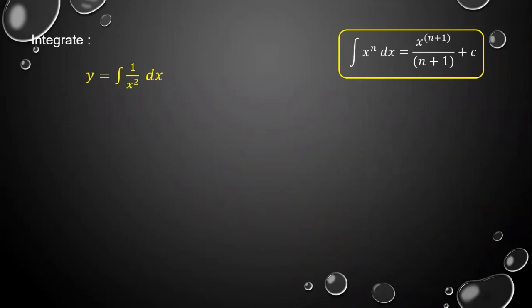Now we have the function integral 1 over x squared dx. Students, we have to change the form of this function to make it simple to be integral x to the power minus 2 dx.